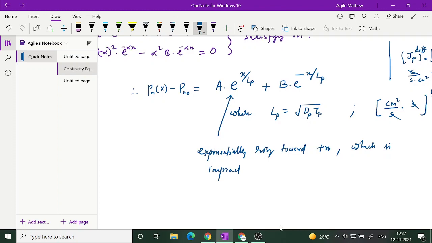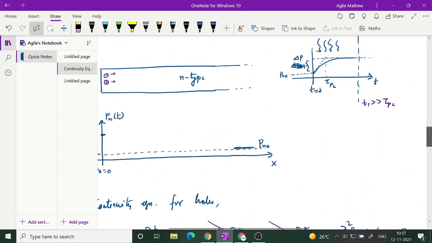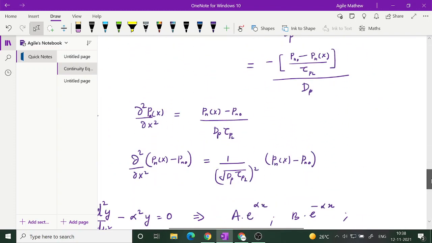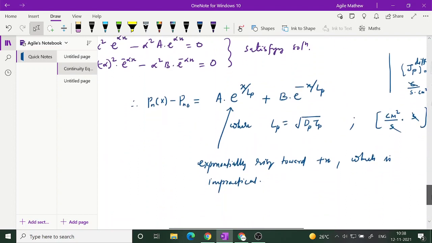Far away from the left side we expect the concentration to be Pn0, but this solution goes to infinity. So the only way to get rid of that is making a equal to 0.